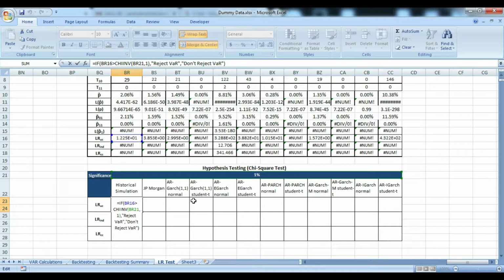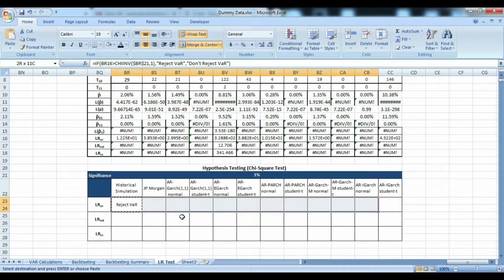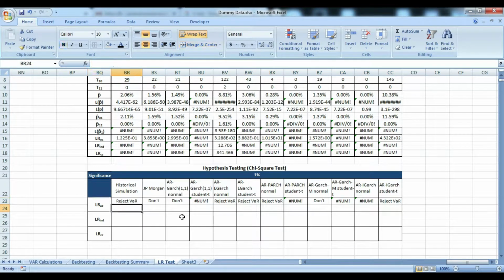Okay, so probably we'll freeze BR21, since it will be the same for each of the models. Okay, so it is saying reject VaR for historical simulation. Let's populate each one of them.